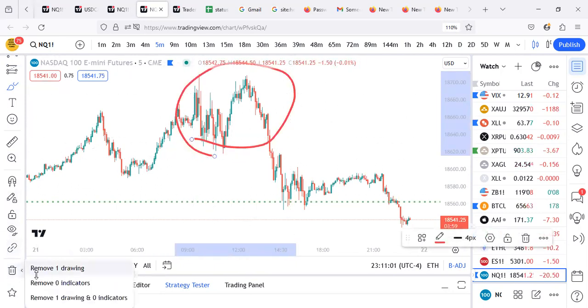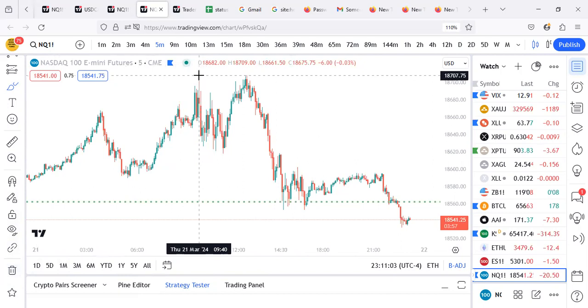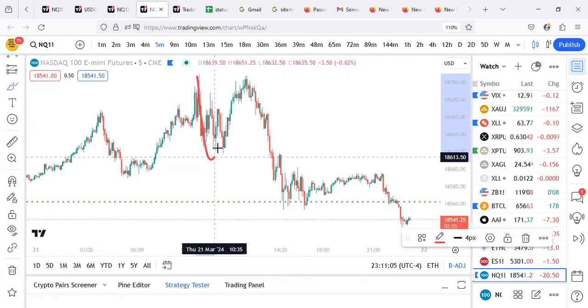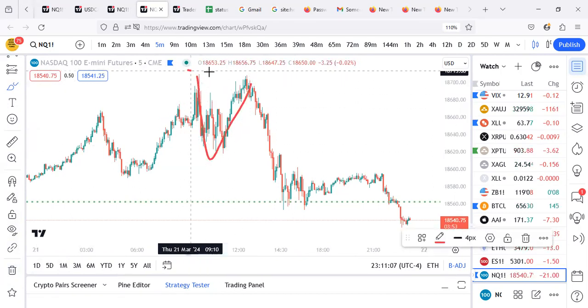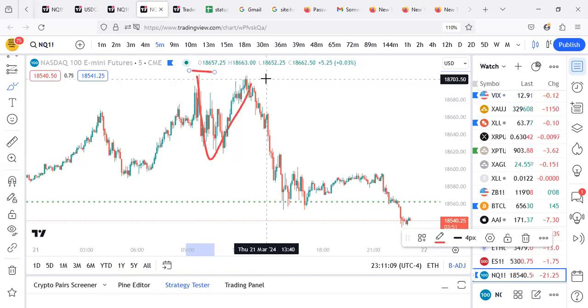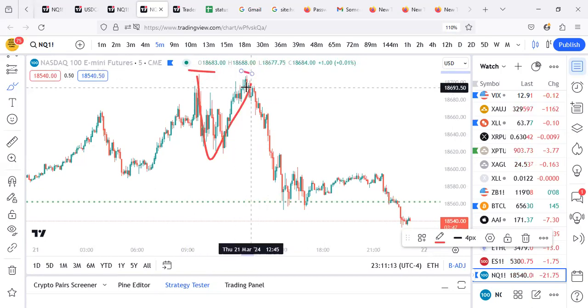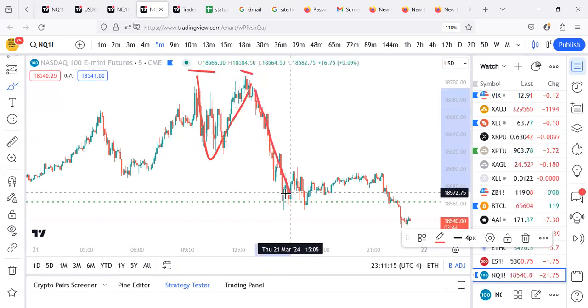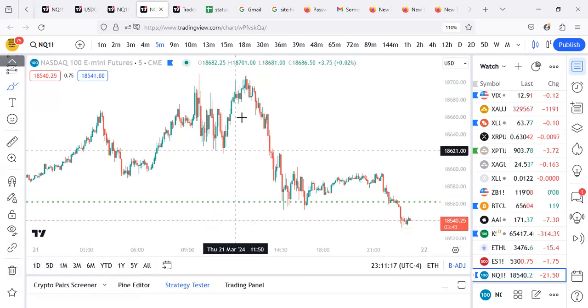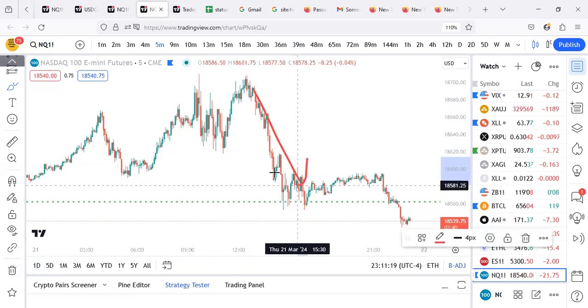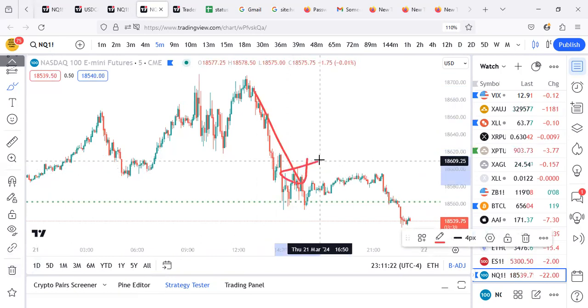But if you were looking for short only, then when this happened and this went up and it failed to break and make a new high, this was a short with a one pip stop over here, and you would have gotten this whole move because you were looking for short only, right? You had this new information.